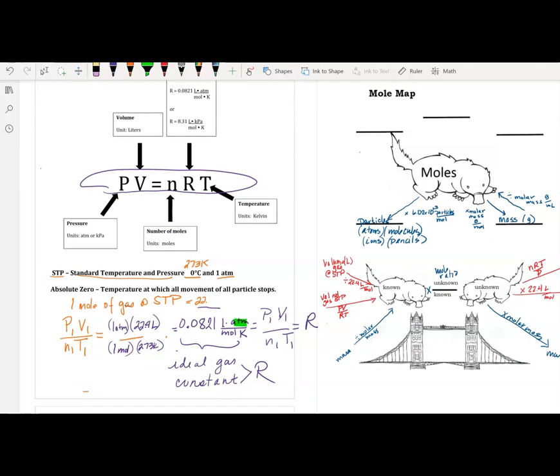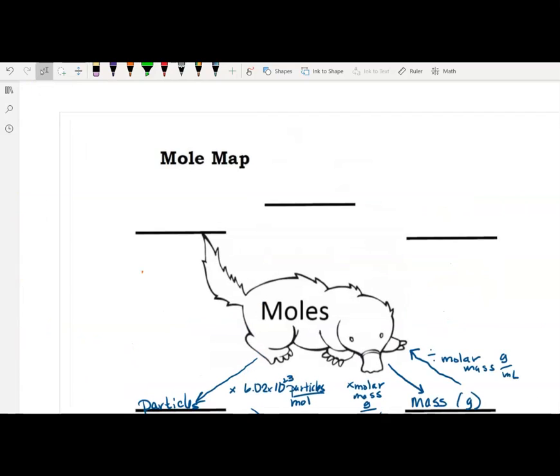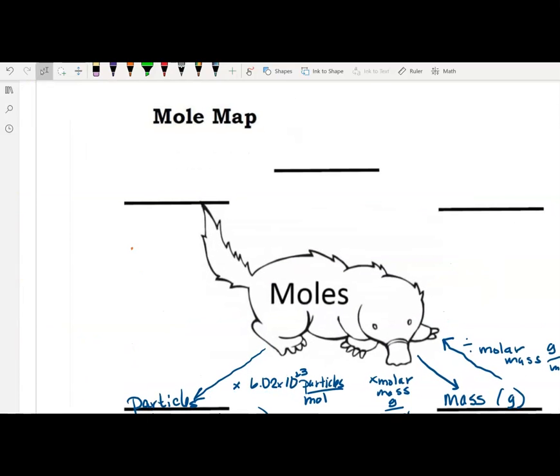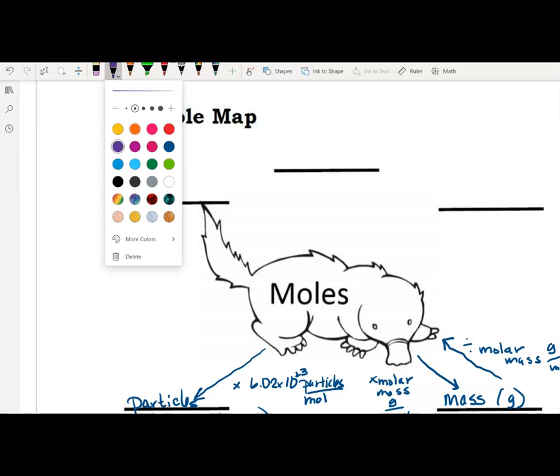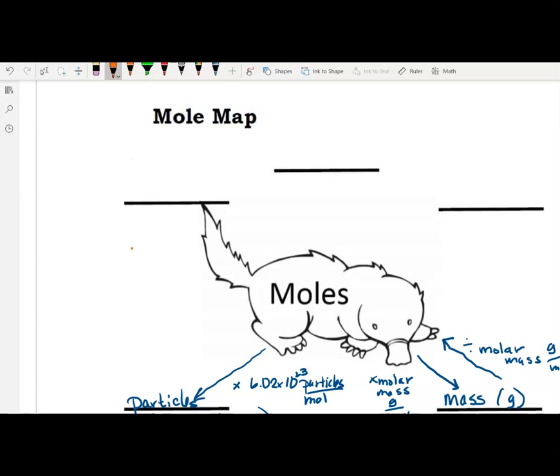Now let's look at our mole map because we're going to use this information about the mole of gas at STP. So on your mole map in the top left-hand corner, you are going to write volume of a gas in liters.